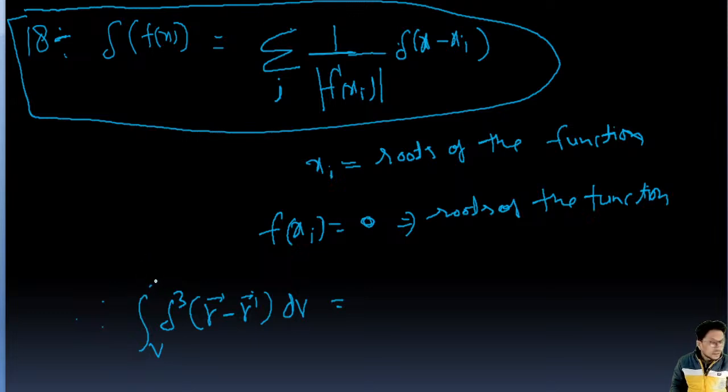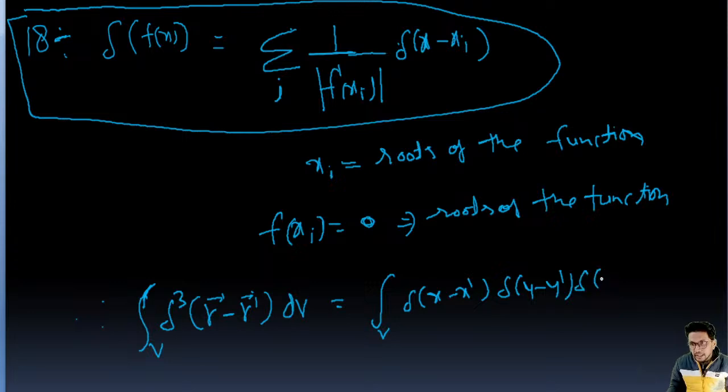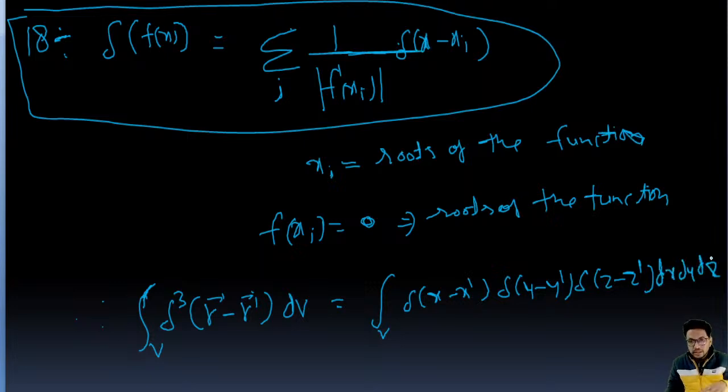In the Cartesian coordinate system, it is the volume integration of delta(x minus x dash) delta(y minus y dash) delta(z minus z dash) dv, or dv we can write as dx, dy, dz.